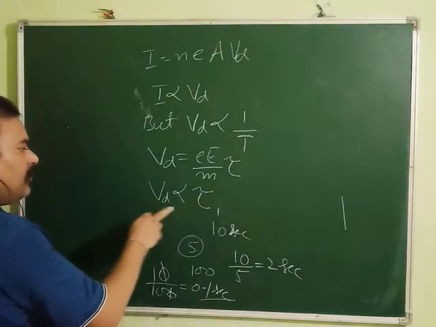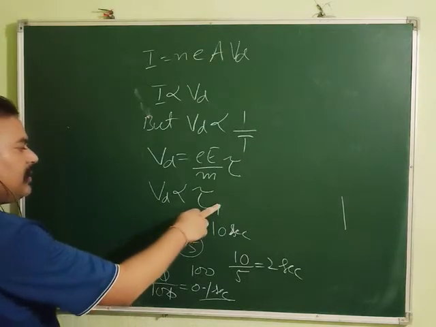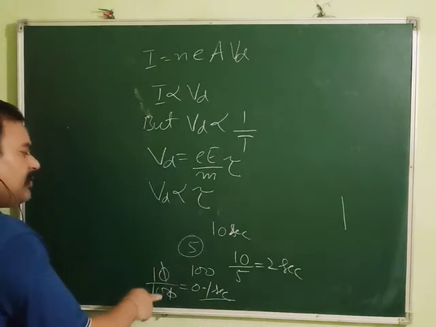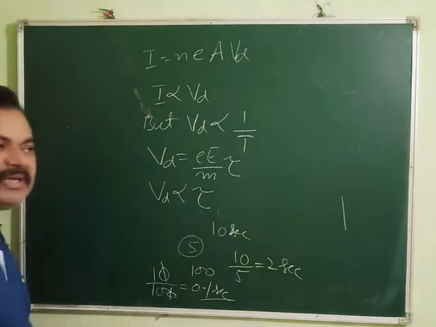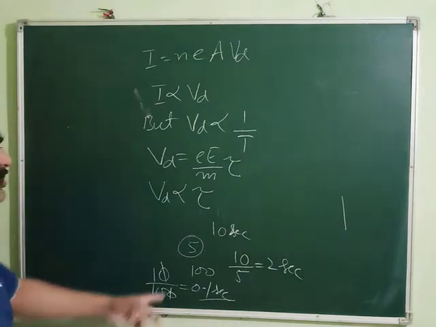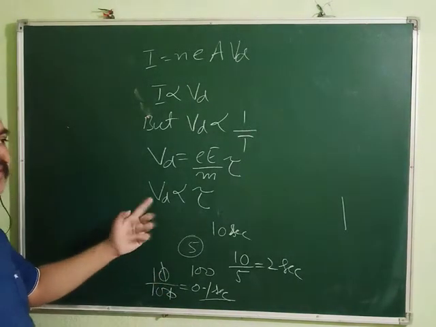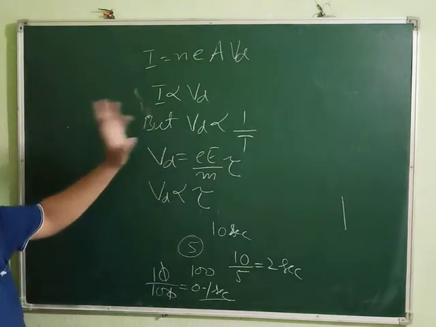Now, relaxation time is decreasing due to increase in temperature. Because of increase in temperature, the number of collisions is increasing, and because of the number of collisions, relaxation time is decreasing. And as it is decreasing, the drift velocity will decrease, and so the current will decrease.